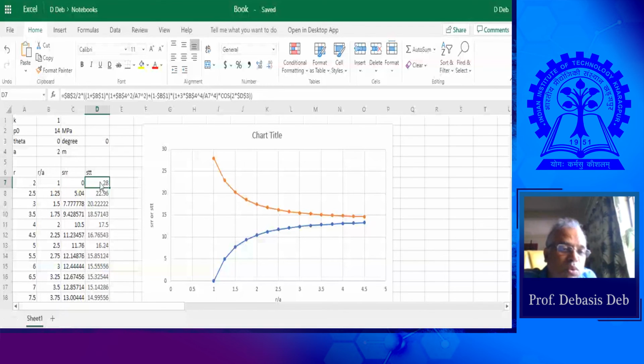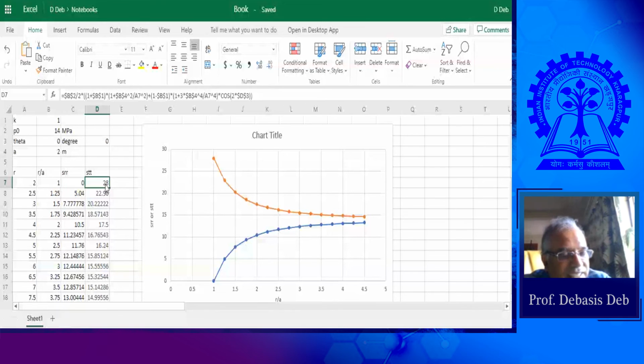So it becomes 2 because r by a is 1. So it becomes 1 plus 1, which is 2. And there is no theta dependency. So that's why these become double.